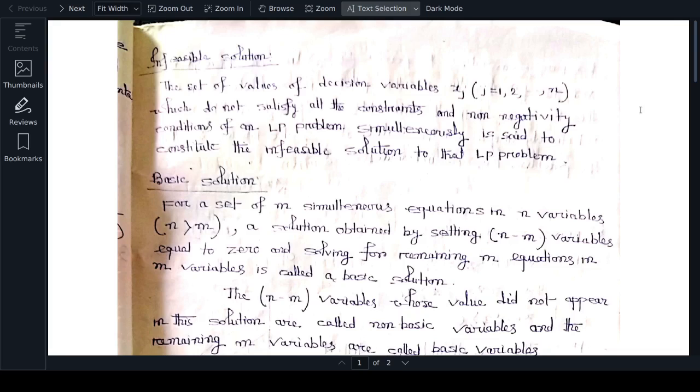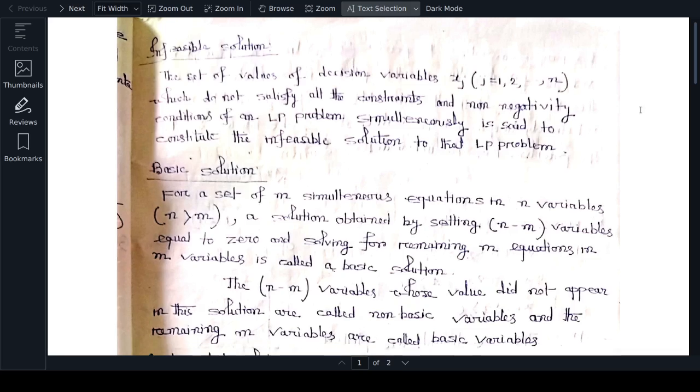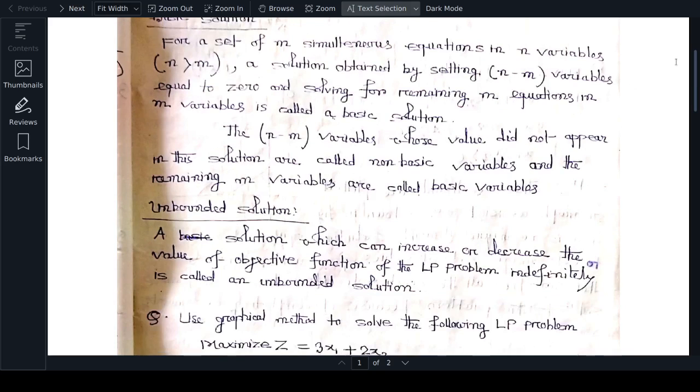So I have written here: the constraints are plotted on the graph as usual, as shown in the figure. The solution space, meaning the feasible region, is shaded and is bounded from below.